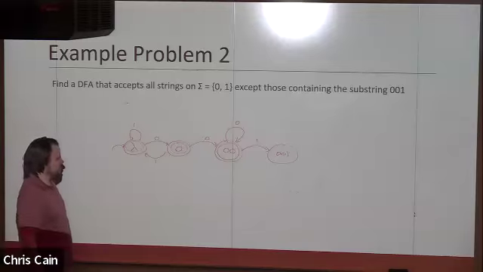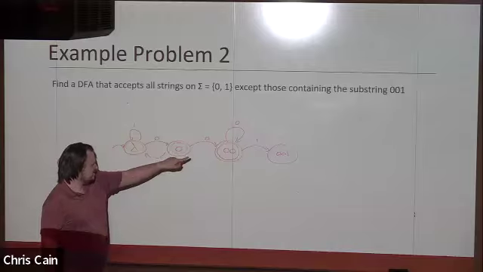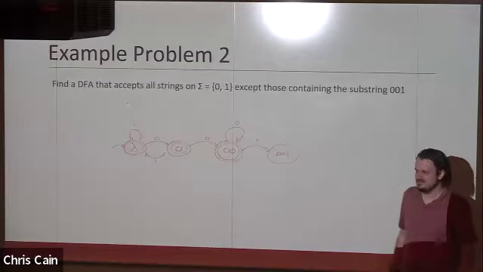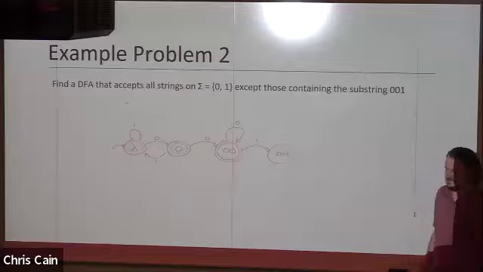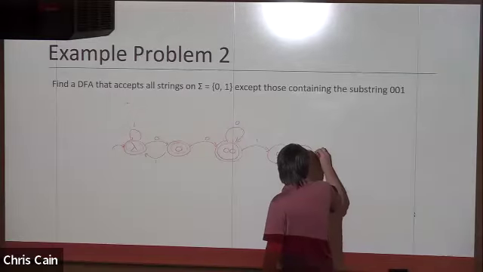So all we have to do is define transitions out of 0, 0, 1. What do we do? Back to itself. It is the trap state, but it's the trap state at the end now.